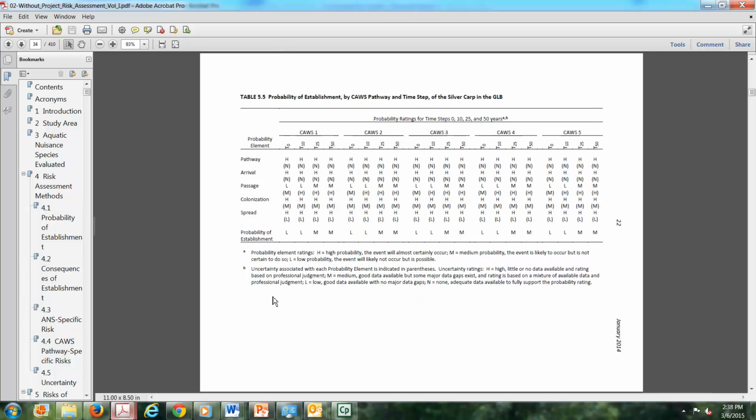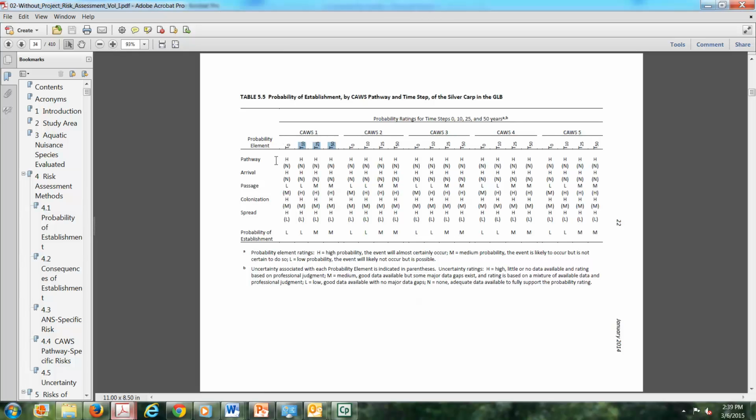This can be an overwhelming risk assessment to study simply because of its size. So let me just briefly take one example here. We have 5 different pathways, 1, 2, 3, 4, and 5 in the Chicago area. And for each pathway, we have 4 different time frames: time 0, 10 years in the future, 25 years in the future, and then 50 years in the future.